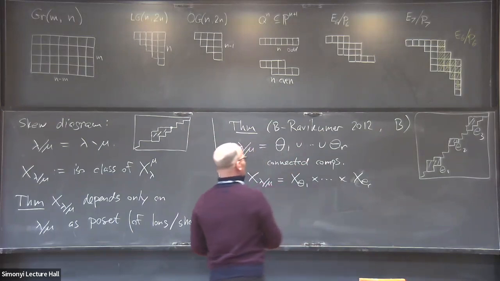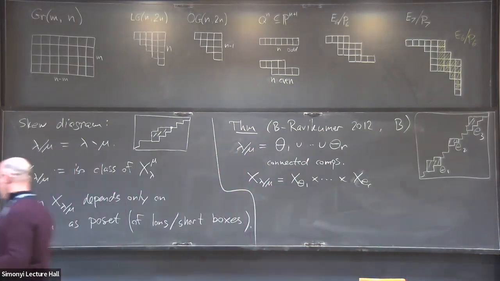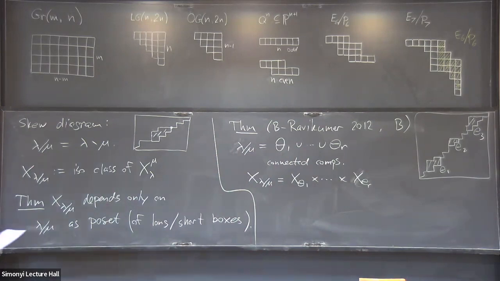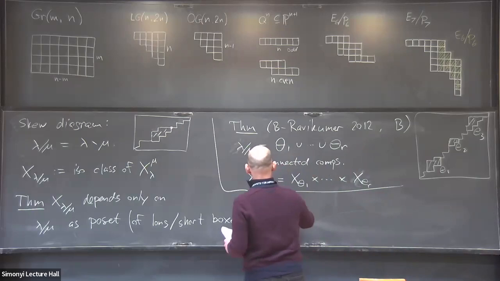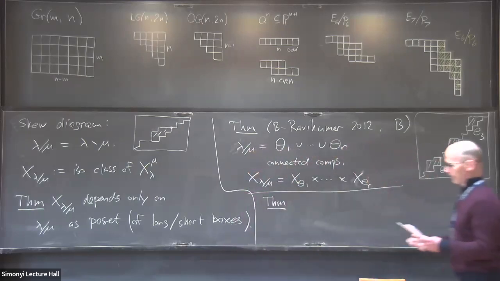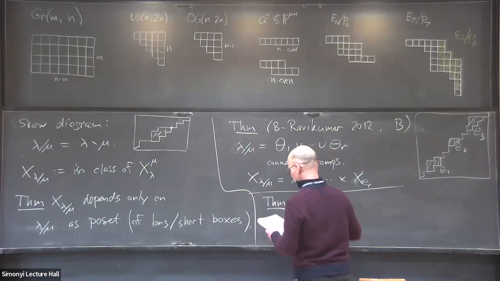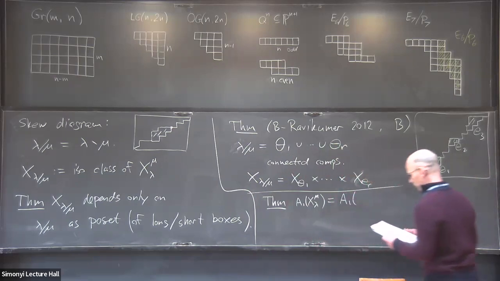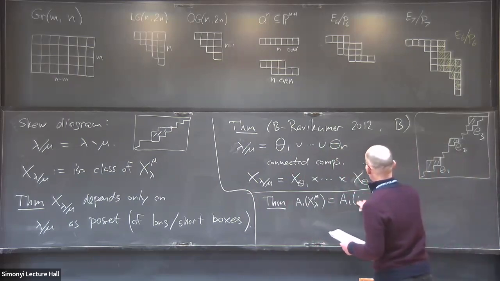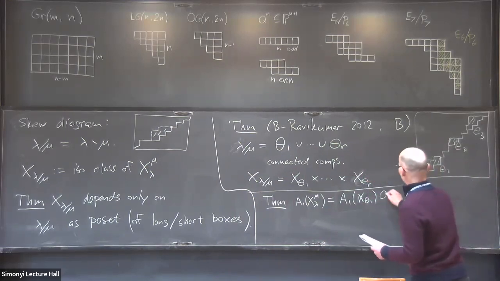All right. Yes. Another theorem. Again, if we have the connected components, well, then the first Chow group of the Richardson variety is equal to the direct sum of the first Chow groups given by the components.